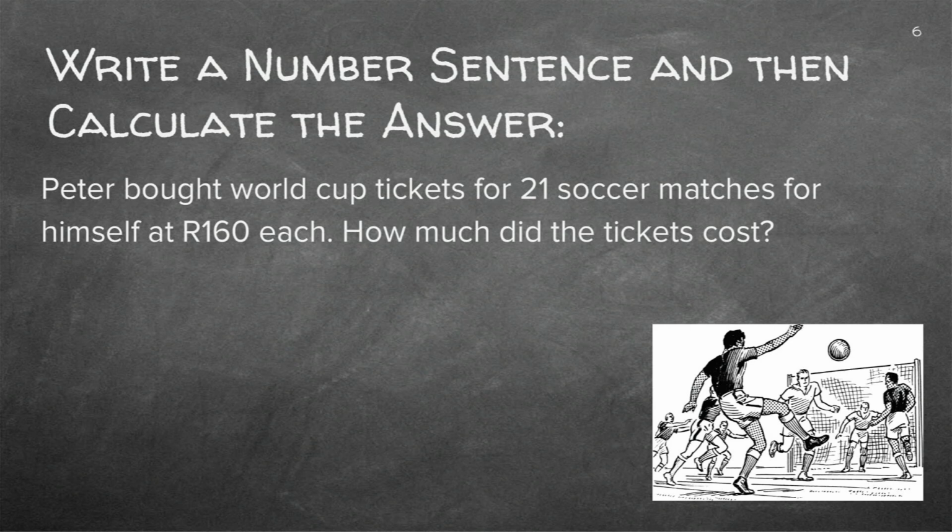How much did the tickets cost? So the number sentence will be 160 Rand, because for one ticket it's 160 Rand. But he bought 21 soccer tickets. So it will be times 21 equals whatever the answer is.